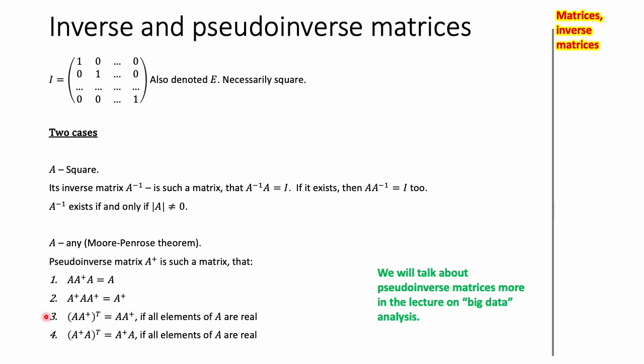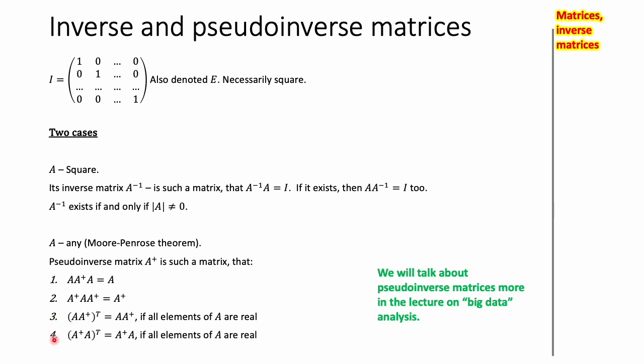And there are also properties 3 and 4 that must be satisfied. The product A times A plus being transposed is just the same as A times A plus, as well as A plus times A being transposed stays the same, if all elements of the matrix A are real numbers.